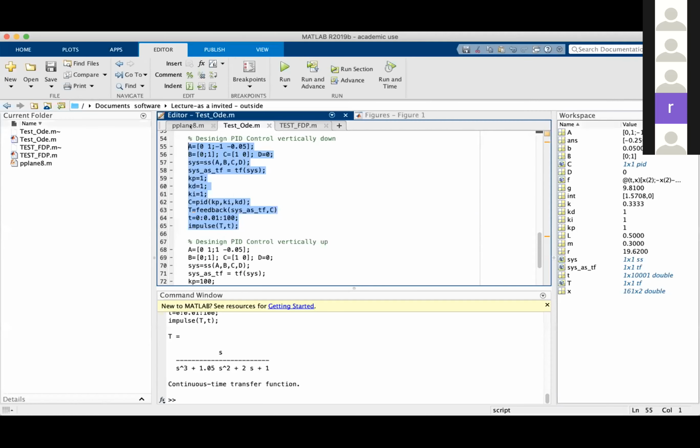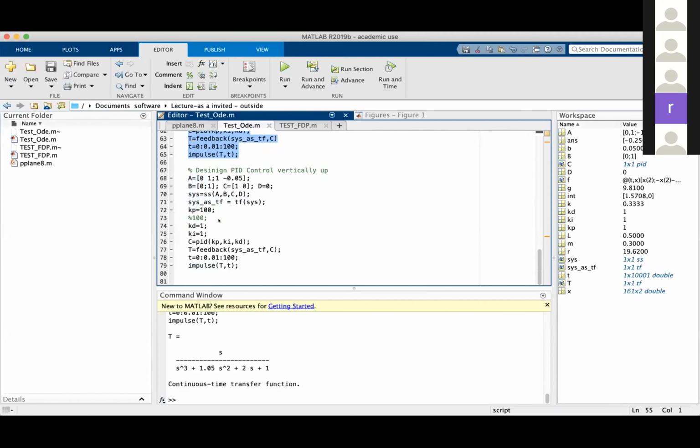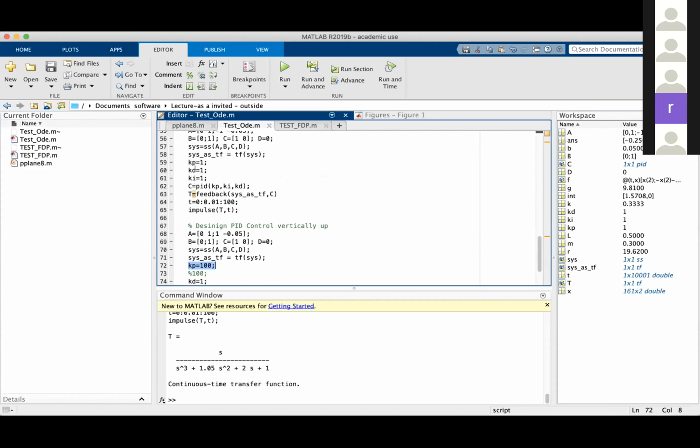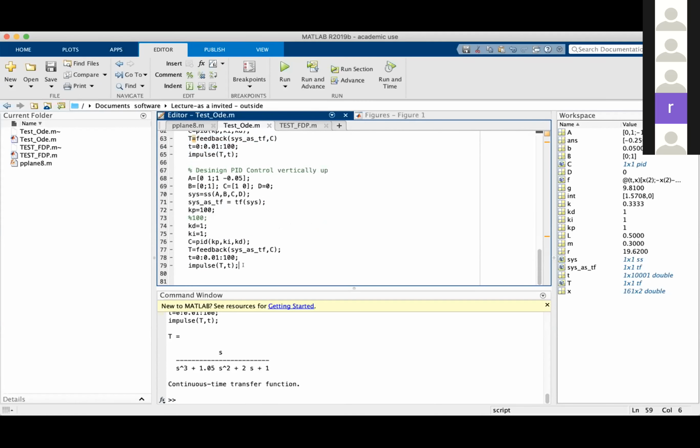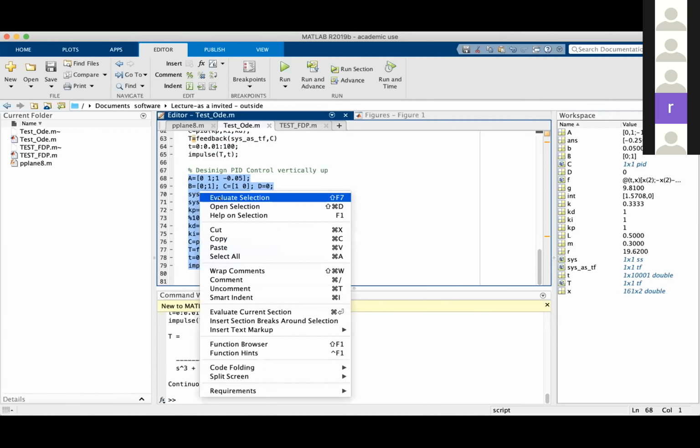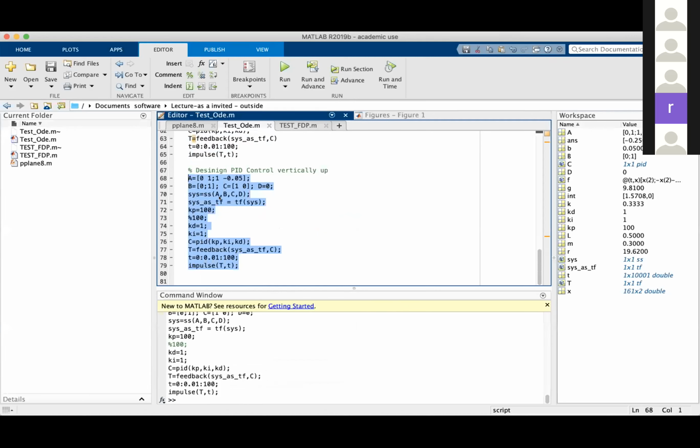But in the previous case, if the pendulum is vertically up and you disturb it a little bit, it may go down. But if you use proper control, if you increase the proportional gain 100 times compared to the vertically down position, you can make the system stable. The only thing is you need to put in more effort. So this is the pendulum system, and this is the end of the lecture. Thank you very much.